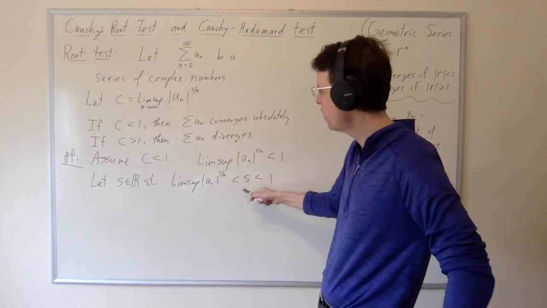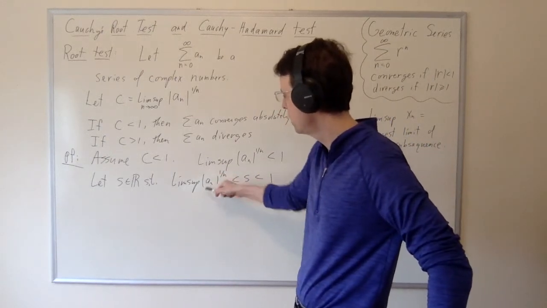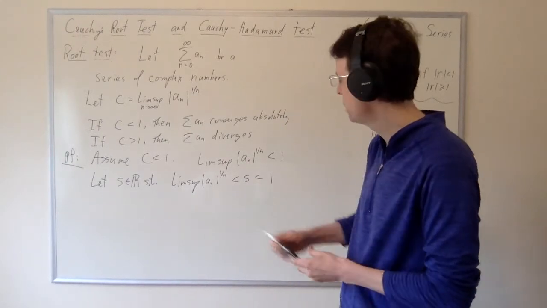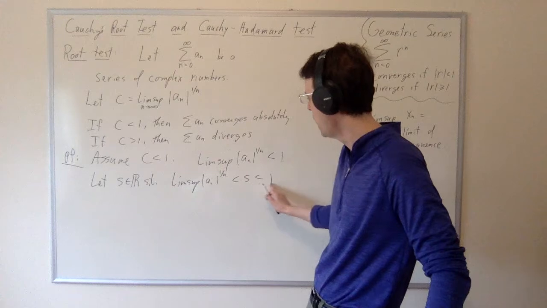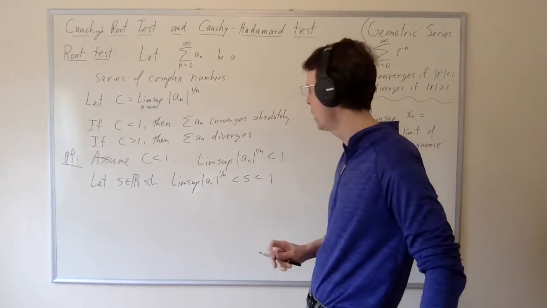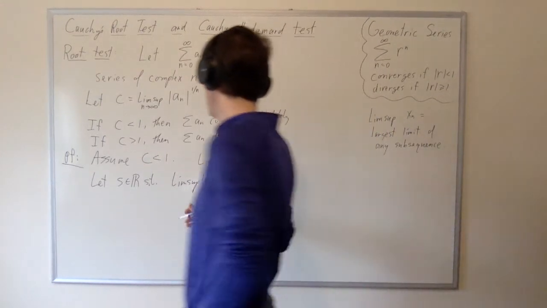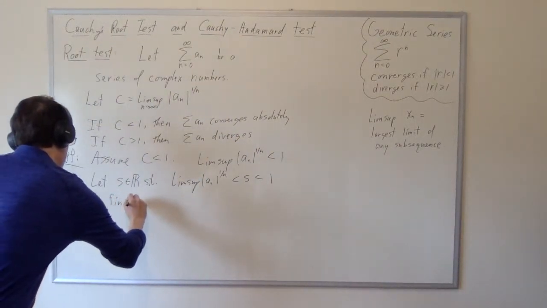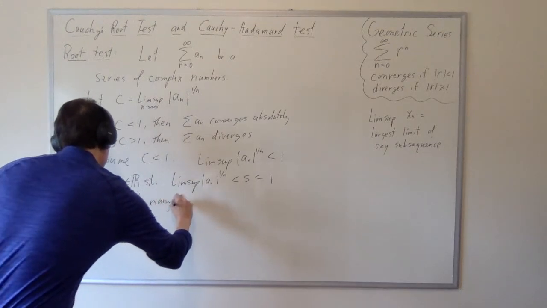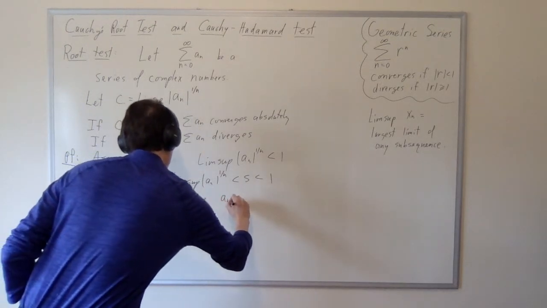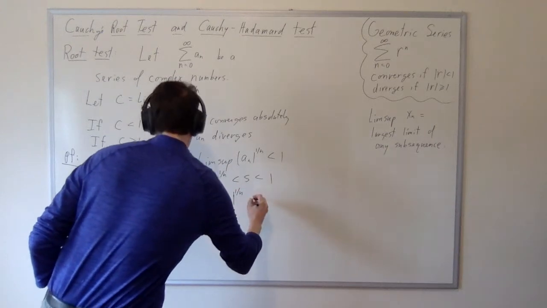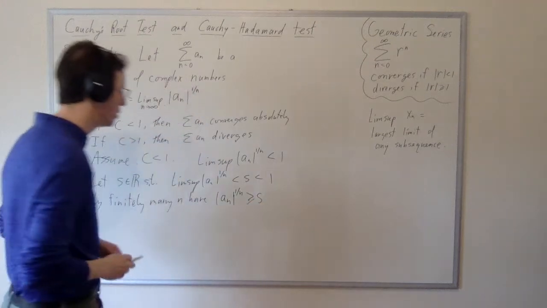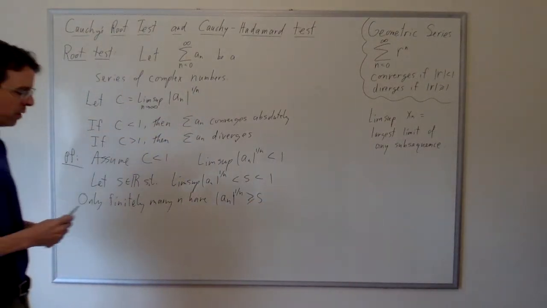And that means that there are only finitely many terms of this sequence, |a_n| to the 1 over n, which exceed S. If there were infinitely many terms that exceed S, then we would have some sort of lim sup greater than or equal to S. So that means that only finitely many n have |a_n| to the 1 over n greater than or equal to S. Only finitely many n have that.